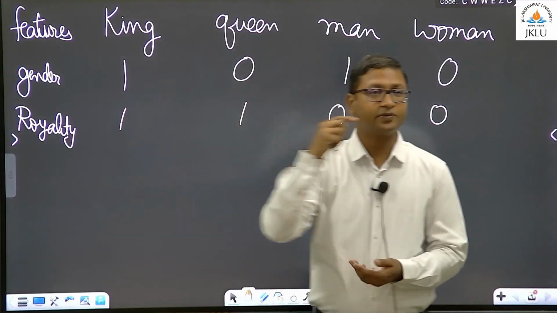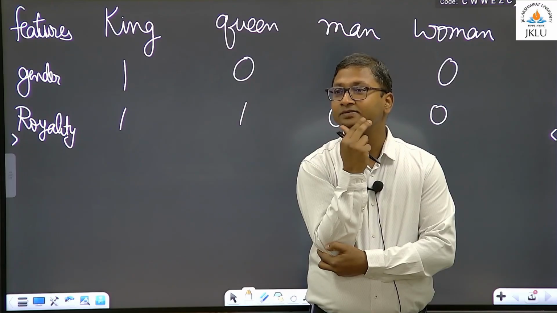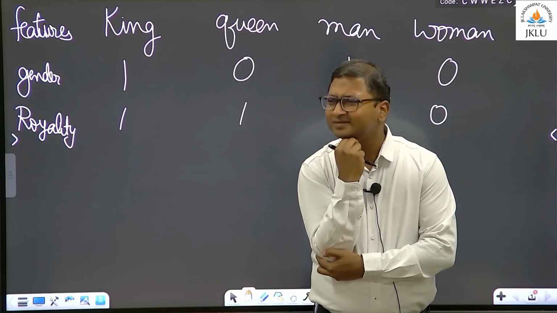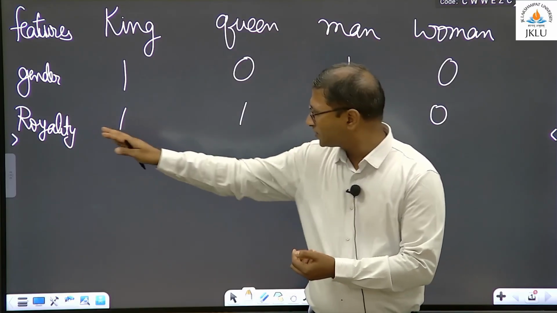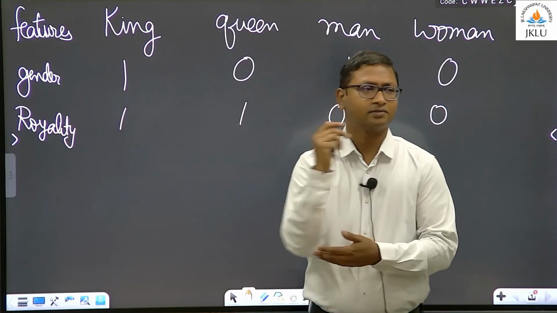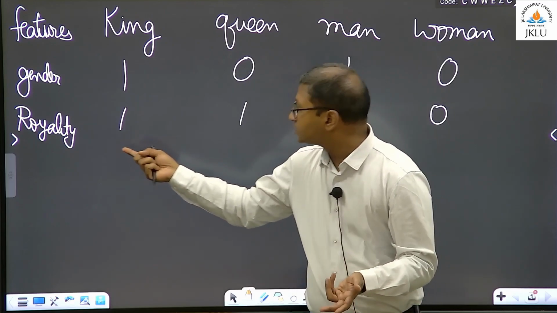What other features can be there? Leave royalty, that is done. You see, something for which there will be zeros everywhere.